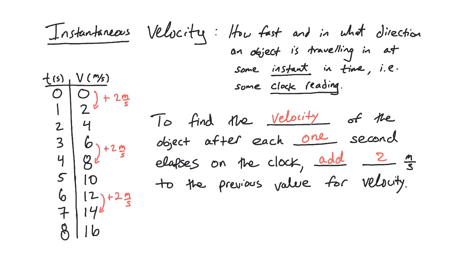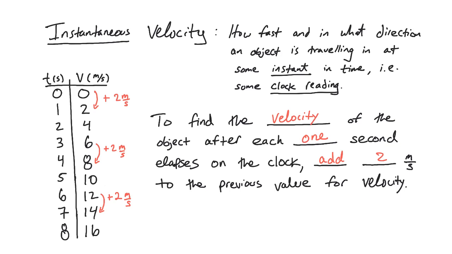So here's the result. To find the velocity of the object after each 1 second elapses on the clock, and it's important that you have that number 1 right there, add 2 meters per second to the previous value for velocity. You can see that here. Every time 1 second elapses on the clock, we add 2 meters per second to get to the next value for velocity.